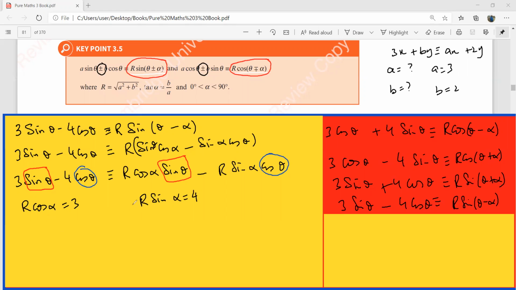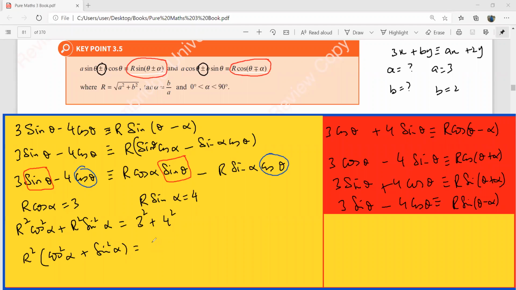If we square them side by side and then add, see what do we get? We have r square cos square alpha plus r square sine square alpha, that is equal to 3 square plus 4 square. You take r square common from here, you have cos square alpha plus sine square alpha. Let me write this still as it is.